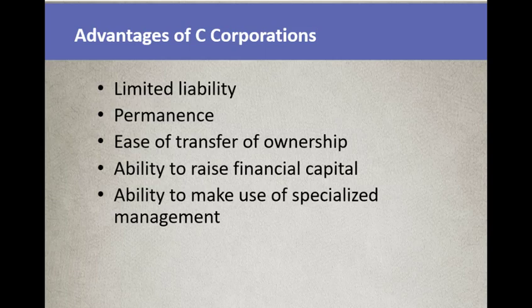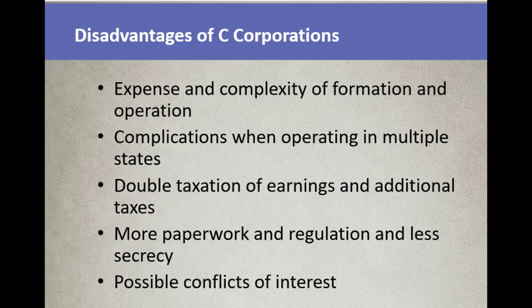Easy to raise financial capital. Of course, we always need financial capital in any given business. And it uses specialized management because a corporation can draw different strengths from folks within its organization.